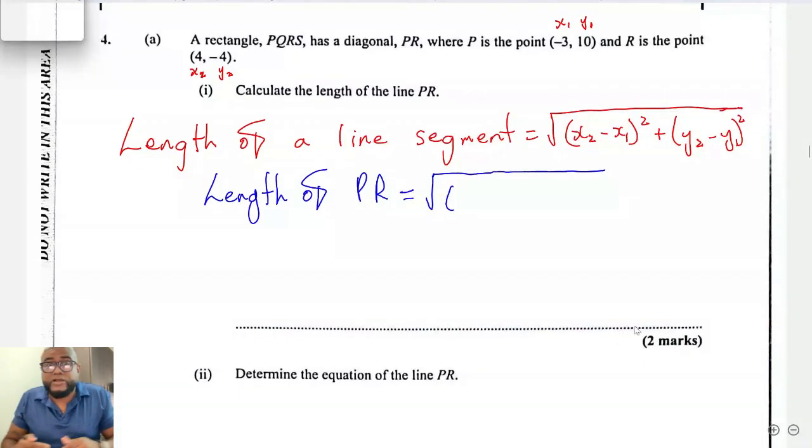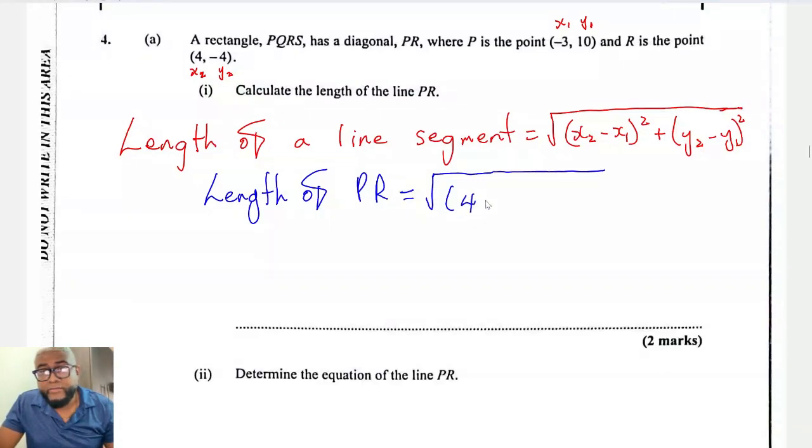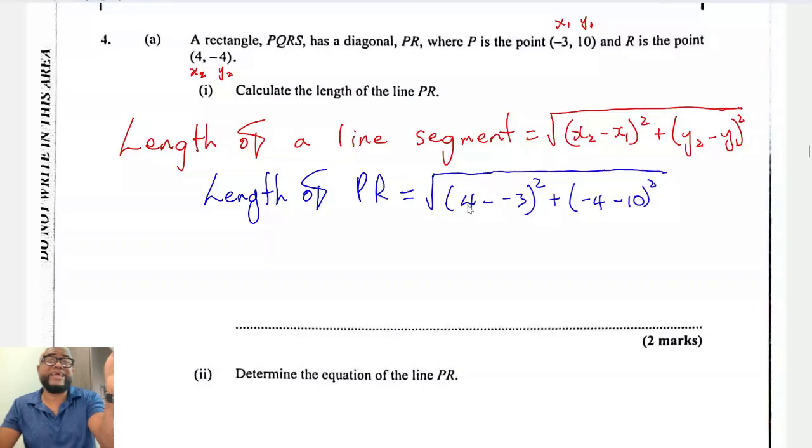Right, let's work. Come on, belt it out. What do you put here? 4 minus, squared, plus. Now here, you see everything underneath that square root, work it out.